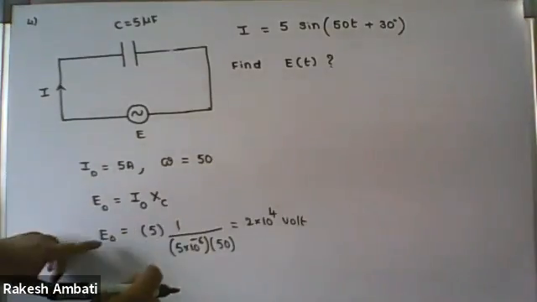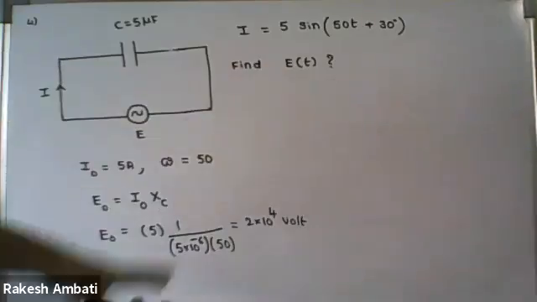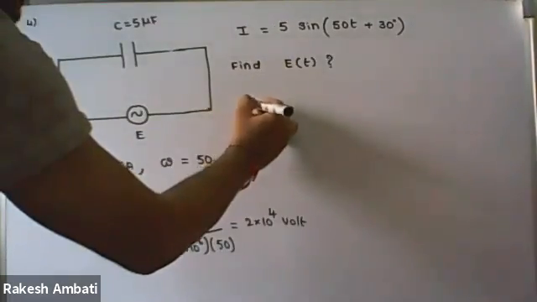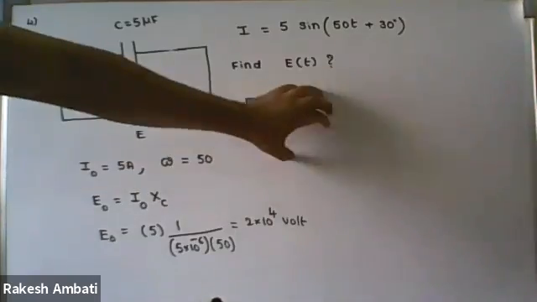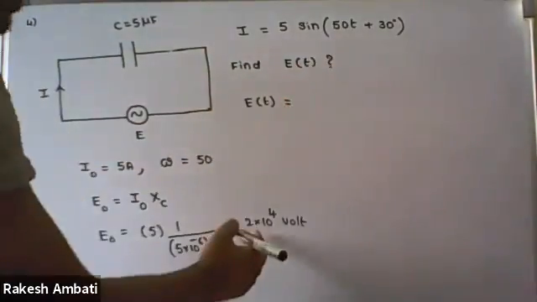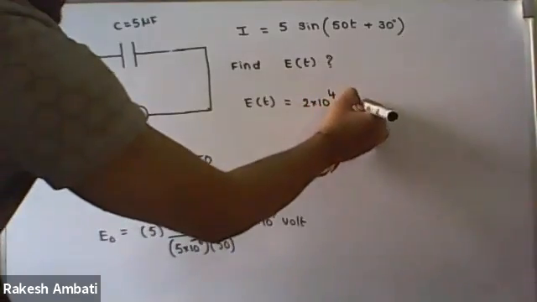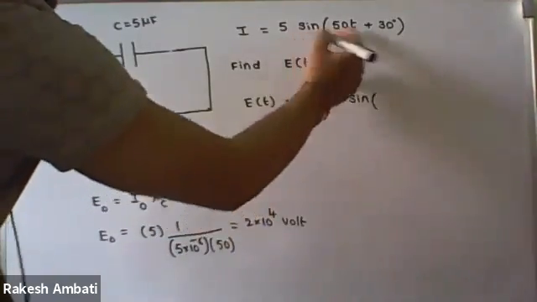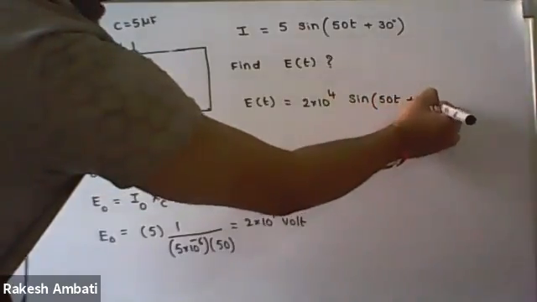But the question is finding EMF as a function of time, so we have to express it in the form E naught sine of something. The E naught value is 2 into 10 power 4, sine of, in the case of current, 50t plus 30 degrees.